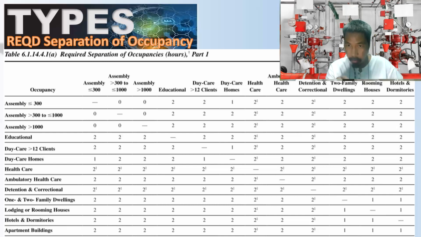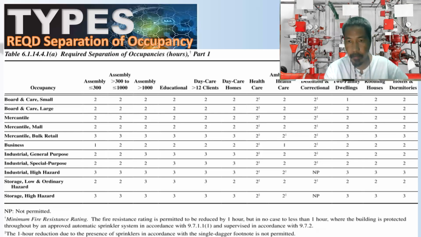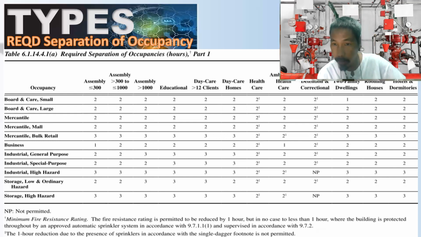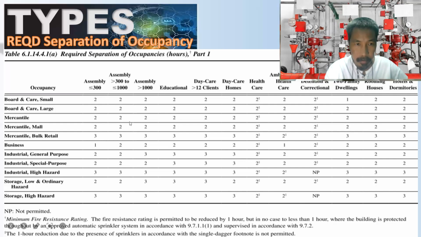The division between the 2 different types of occupancy must be separated by this fire rating of material. 1 hour, 2 hours. There is no 1.5 hours. So 1 hour, 2 hours, 3 hours here. You can see 3 hours here.